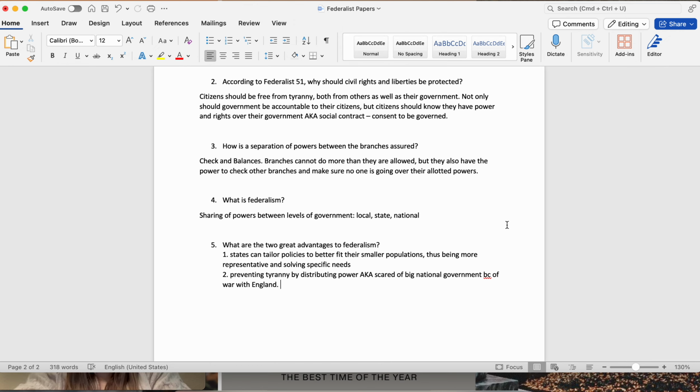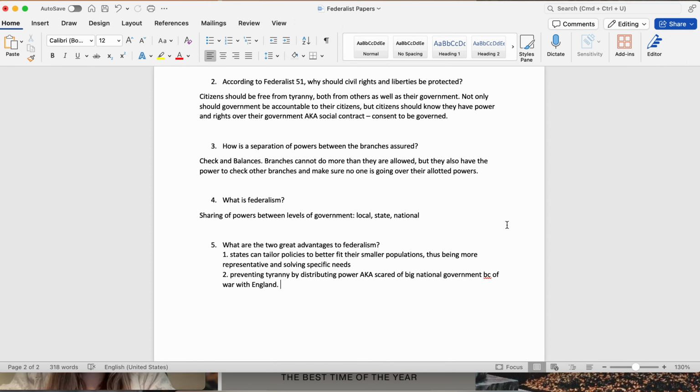The checks and balances are the powers they have over the other branches to make sure no one is abusing their power, aka tyranny. So the president can be impeached. Congress has to appoint the judicial branch, that kind of thing.